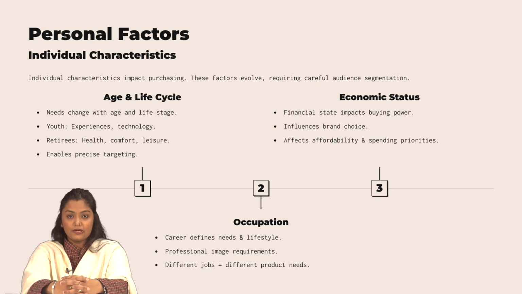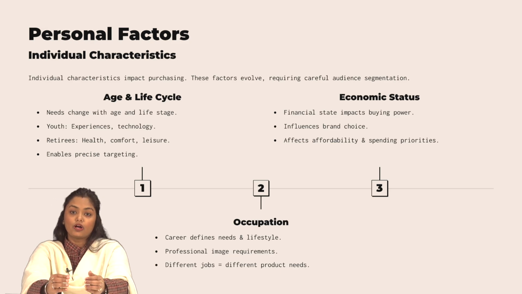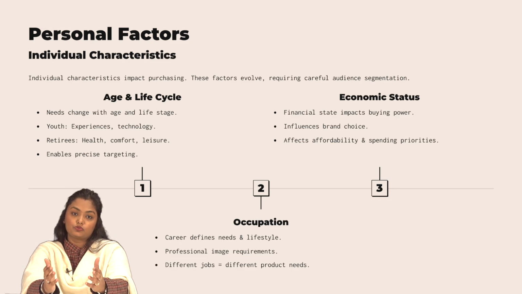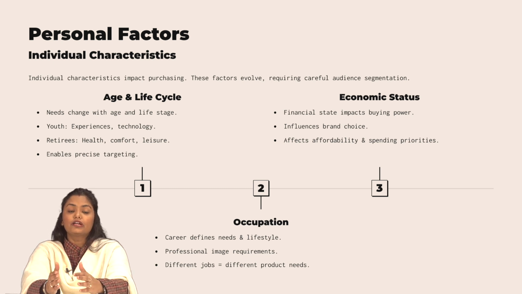Next one is occupation, which affects the goods and services bought. A blue collar worker requires different clothes and equipment than a corporate executive. Next is economic situation, which dictates product choice based on income, savings and interest rates. Marketers of income sensitive goods must closely monitor the trends.